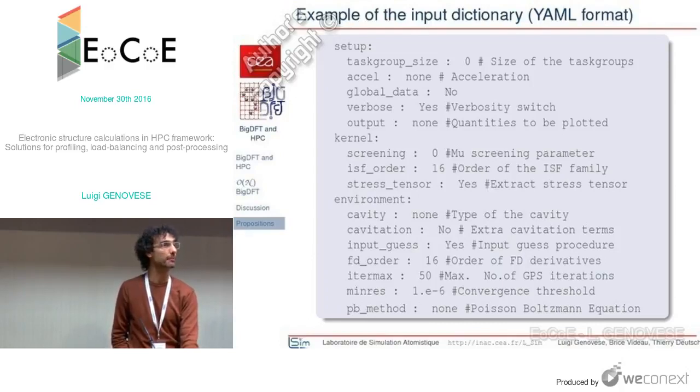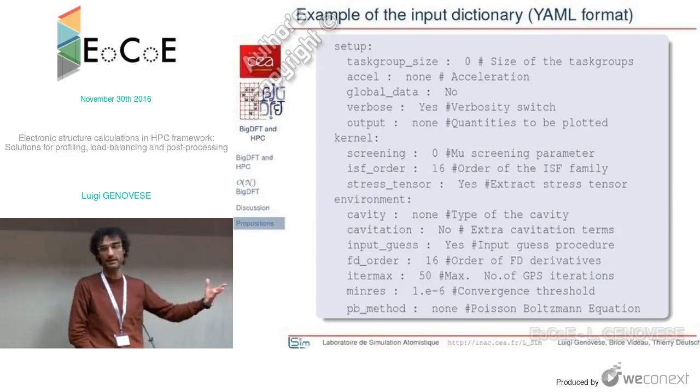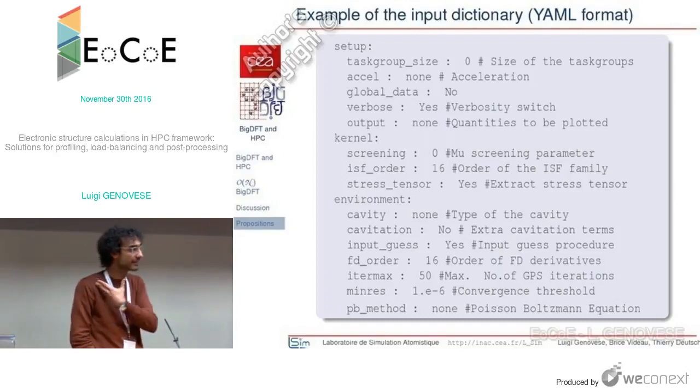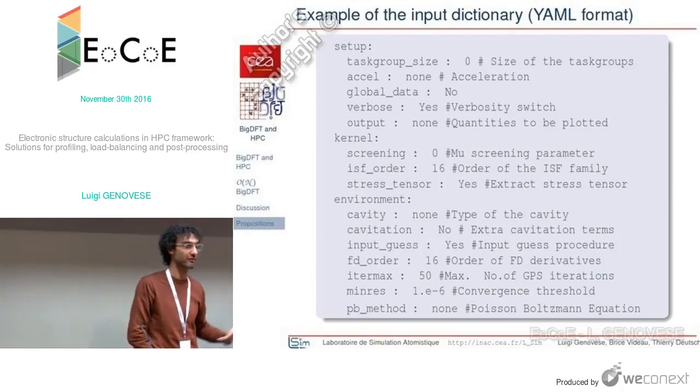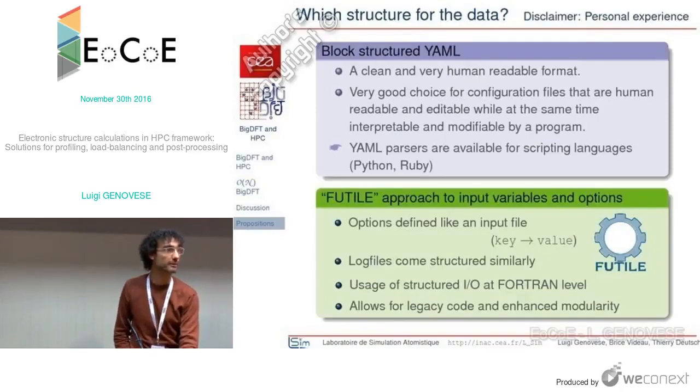So this markup language is the way in which we conceive the input-output of BigDFT. So we are in the situation where you have input files like that, and the log files of the run and the log files associated to the timing of your runs come out in this format.